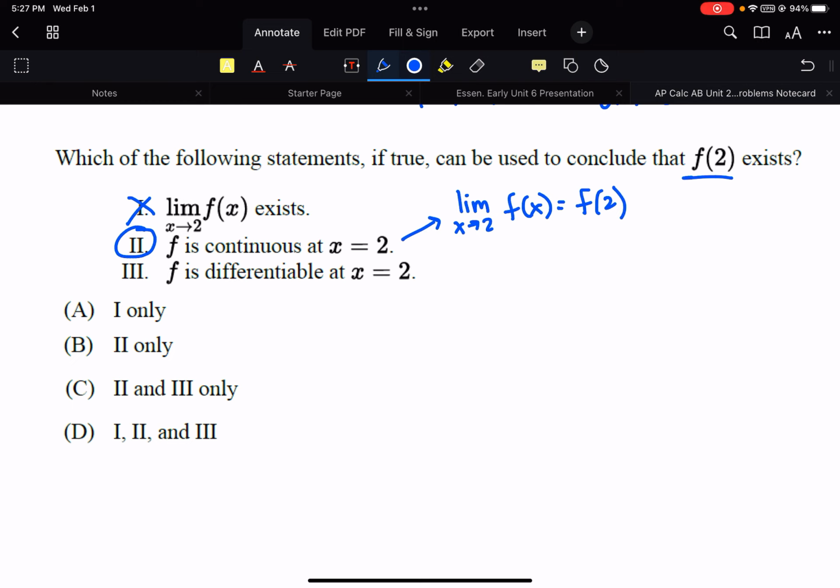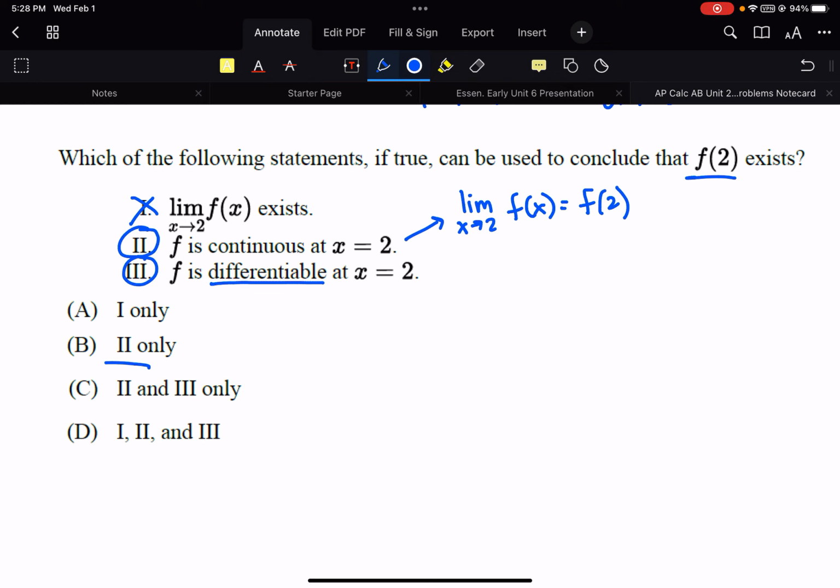Then if we know that f is differentiable at x equals 2, differentiable means that there's some derivative there. There's a slope. There's an instantaneous rate of change. If there's an instantaneous rate of change at any point, there's got to be a point actually there. So we can use both 2 and 3 as a criteria to decide if f of 2 exists.